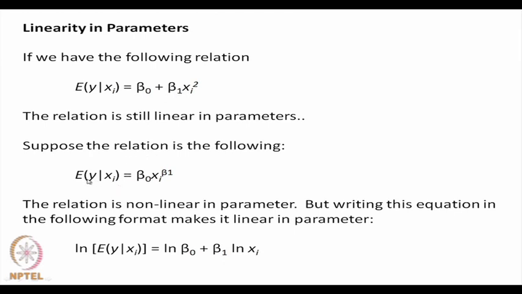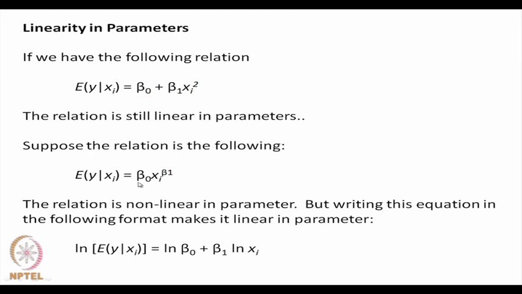Whereas, if we have a relationship such as this, where beta 1 appears as an exponent of the data. Remember that although we use x for an unknown quantity, usually for a variable, actually it is a value of a variable, a numerical quantity such as 5, 10, 15, 20, etc. That raised to the power beta 1, obviously the relationship is not linear, it is non-linear.